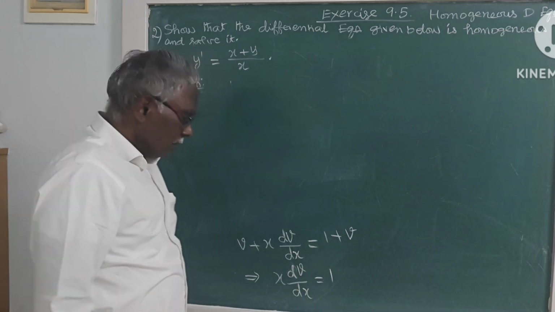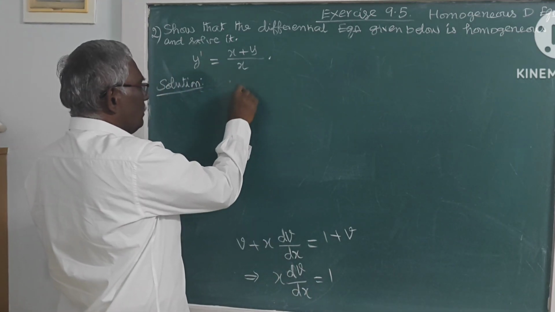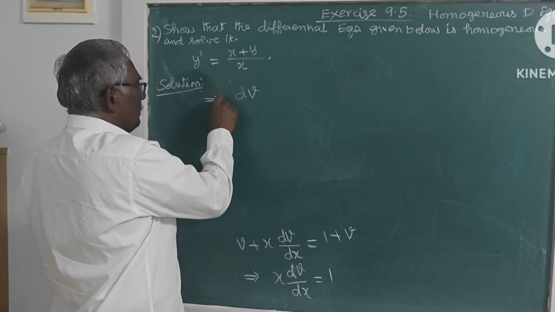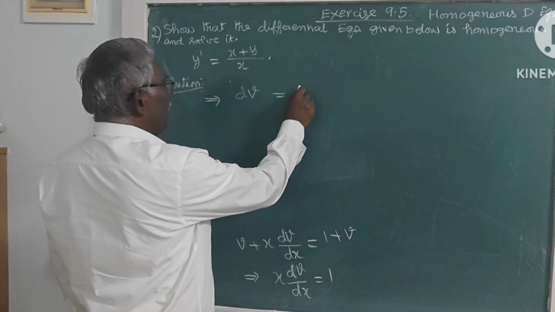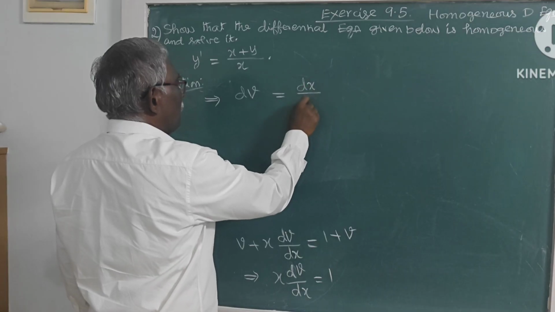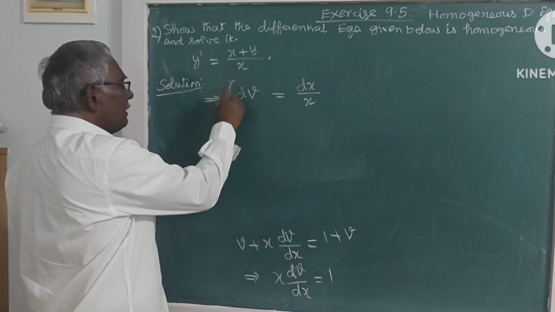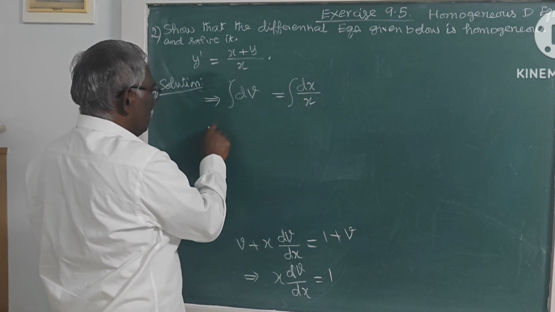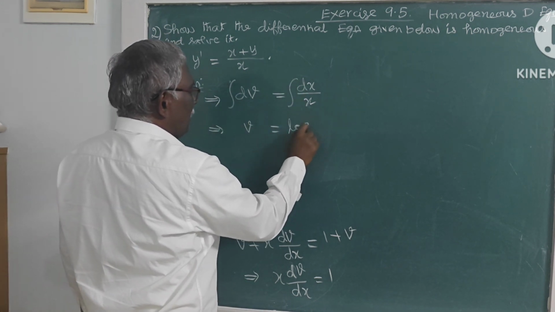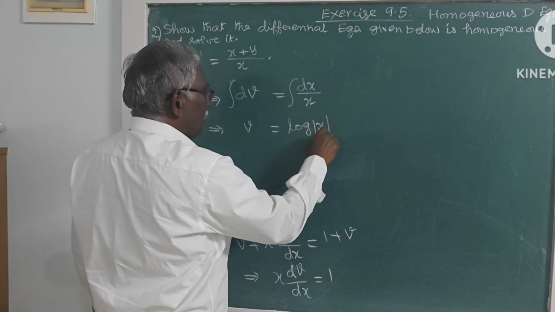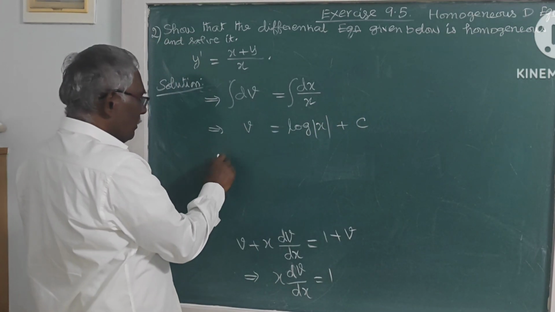Is in the numerator, so we will retain v on the left hand side. So dv is equal to dx by x. On integrating we get v is equal to log x plus constant, but v is nothing but y by x.